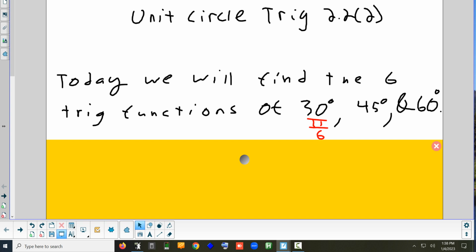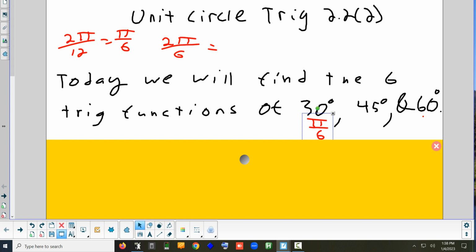So what's the relationship between 30 and 60 if you compare the 2 of them? 60 is double 30. So if you double pi over 6, what do you get? 2 pi over 12 is the same as pi over 6, because that would just reduce. So it would be 2 pi over 6, which reduces to pi over what? 3.